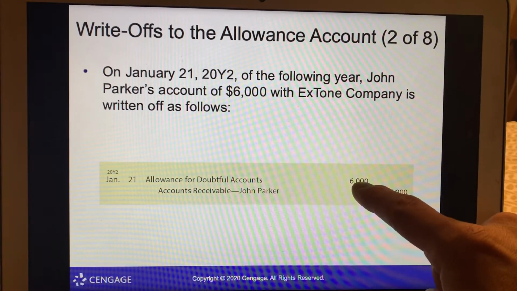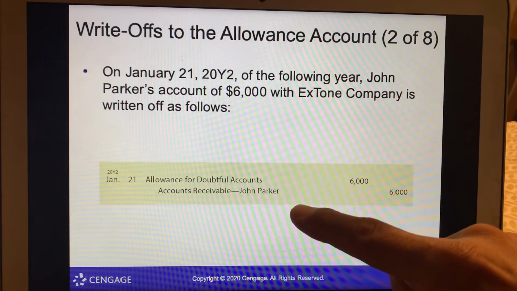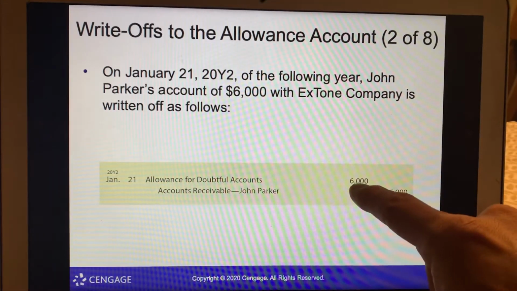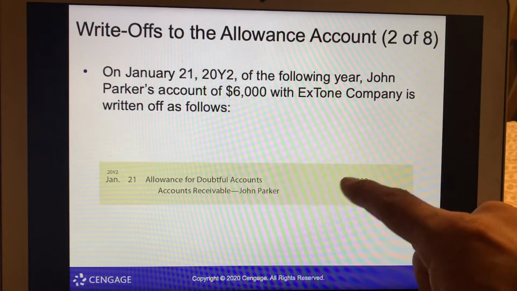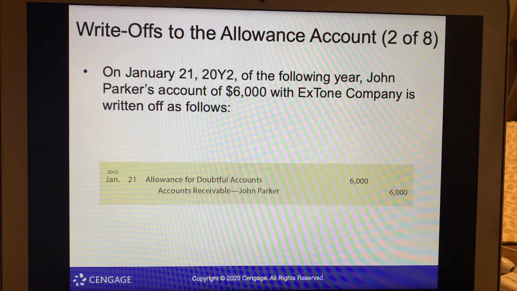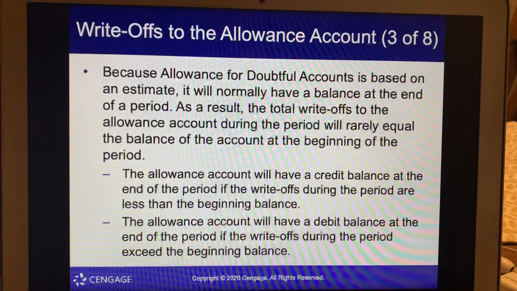Now we're pulling this off of that contra asset, and then we're making the adjustment on the credit side, and this is coming from John Parker's account receivable. So instead of going to each individual account, this one goes to the doubtful account, which is the other end of what we looked at before.